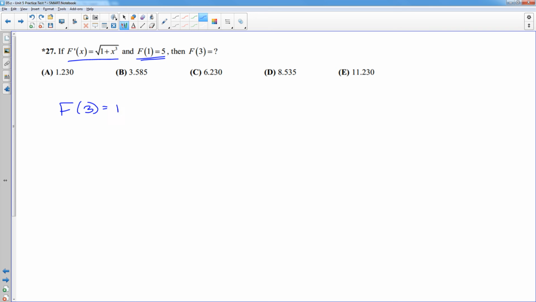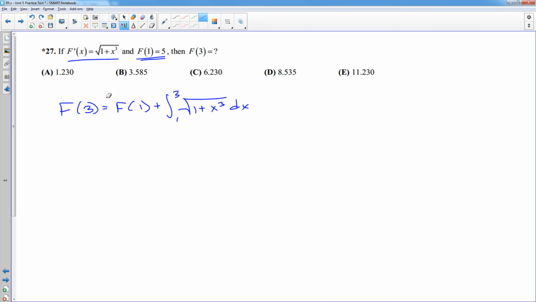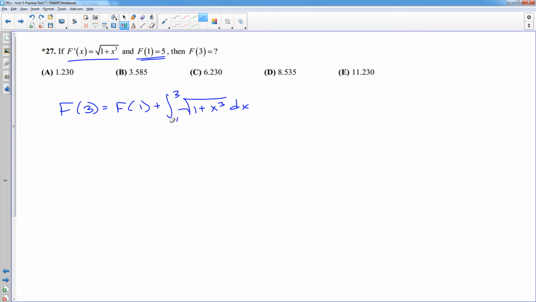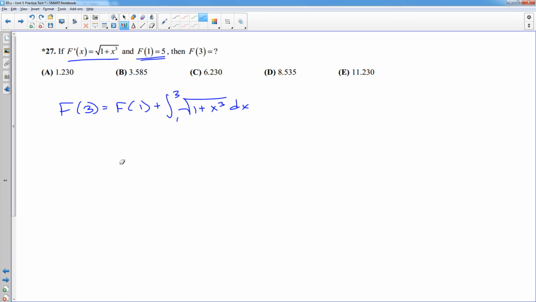f of 3 is going to be f of 1 plus the area from 1 to 3 under the rate of change function, the root of 1 plus x cubed. And that one we'll throw in the calculator. I haven't done this one, so I'm going to plug that one in. That was, what was it? f of 1, which is 5, plus the antiderivative from 1 to 3 of the square root of, was it 1 plus x cubed?